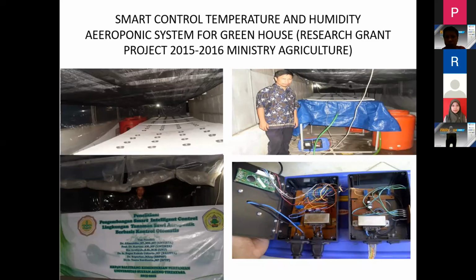Also ammonia and carbon dioxide sensors, but here I just describe temperature and humidity.